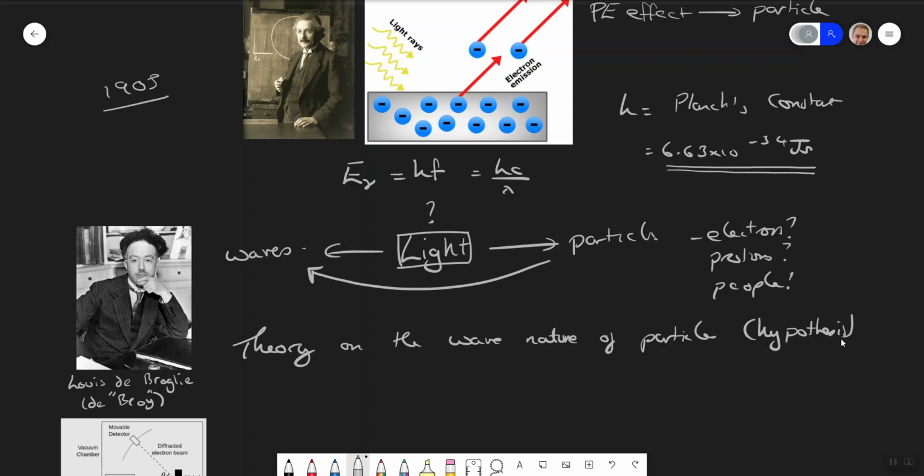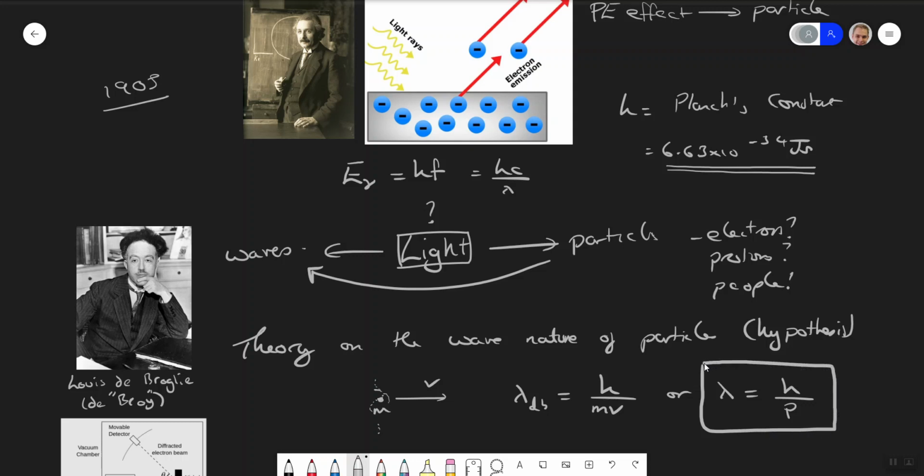He comes up with a thought process using Einstein's logic and the equations that Einstein built, and ends up with the idea that a particle of mass m moving through space with a velocity v should have associated with it a wave nature that has, it's called the de Broglie wavelength, and that should be h over mv, or lambda is equal to h over p.